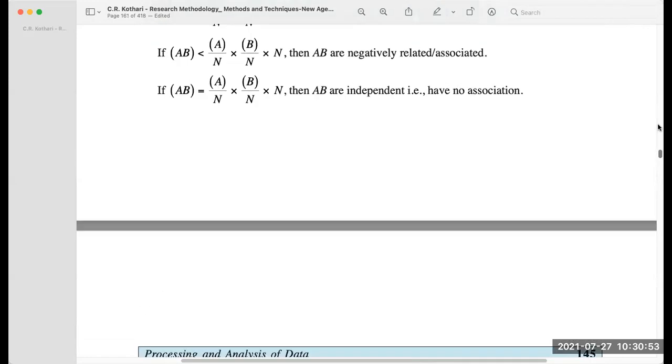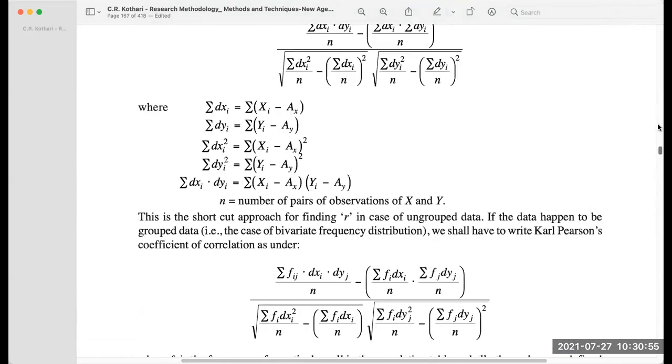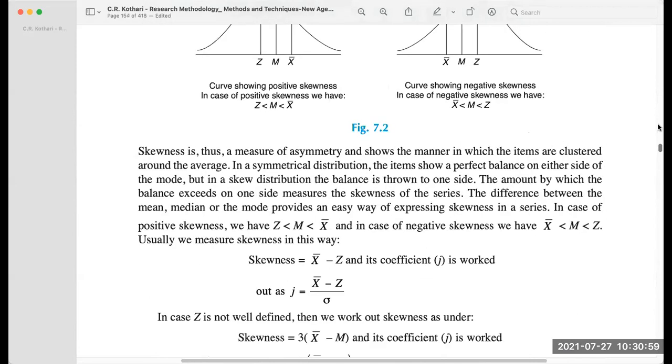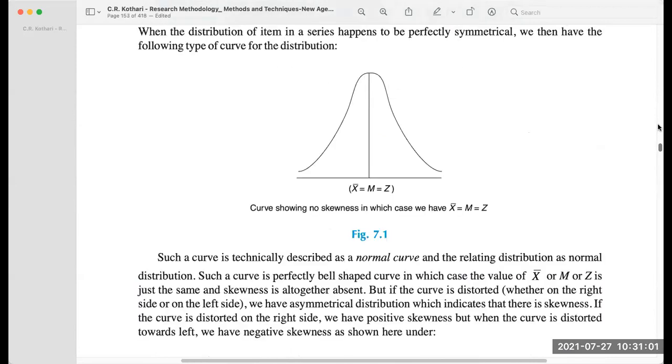So this part is about data analysis, meant to introduce you to the different kinds of tools that may be used for the analysis of data.